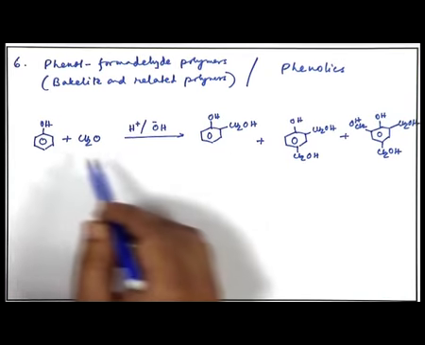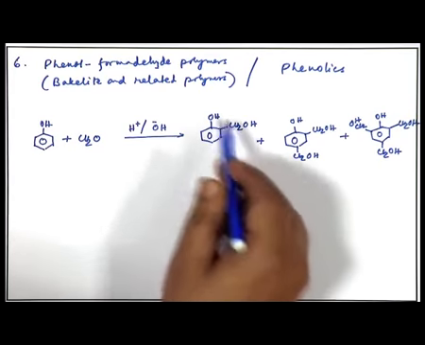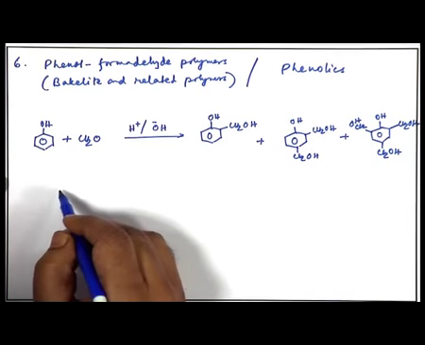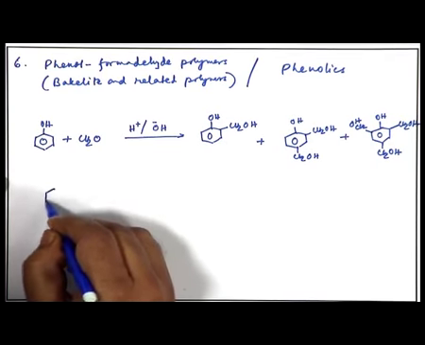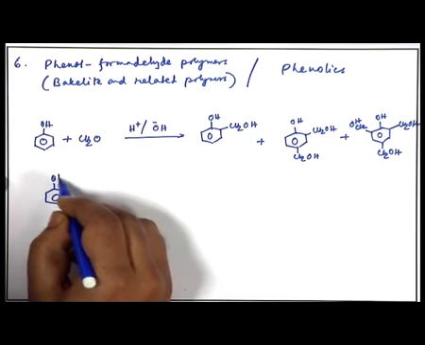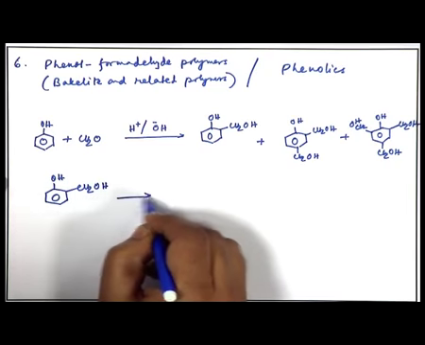So basically you can have an acidic medium or an alkaline medium, and you can take any of these things. We will take the example of this ortho substituted product, which undergoes self condensation among itself to produce a polymer.